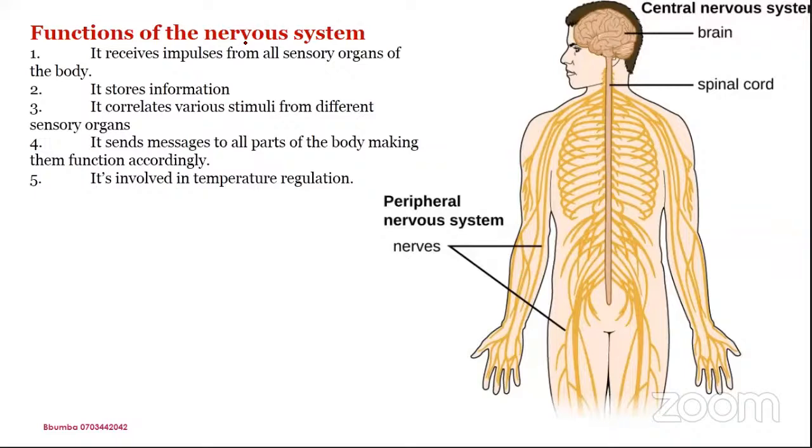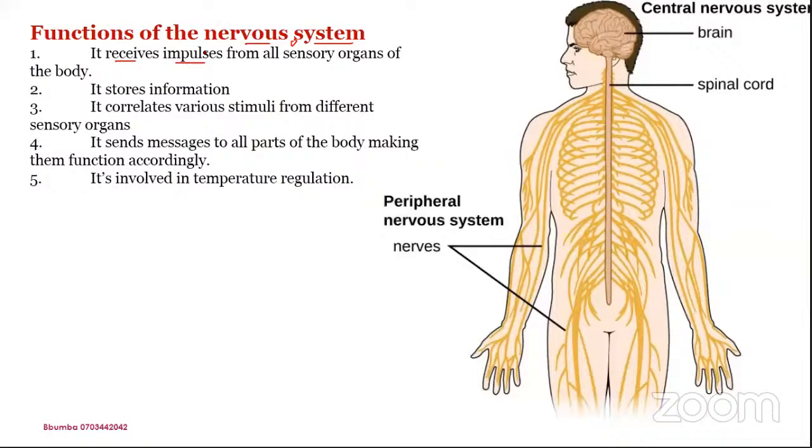Nerve cells have functions, or the nervous system, the whole of it, this kind of arrangement, has functions. Function number one is to receive impulses from all sensory organs. I don't know whether you guys understand impulse, but in simple terms, it is how information travels within the nerve cells.